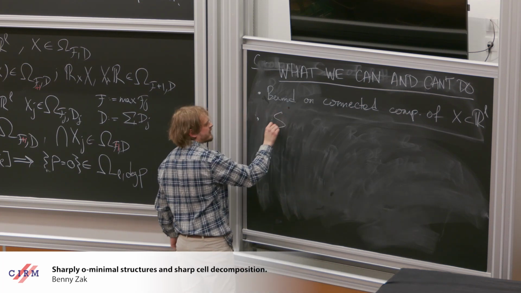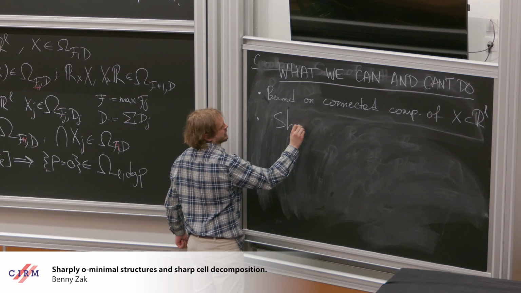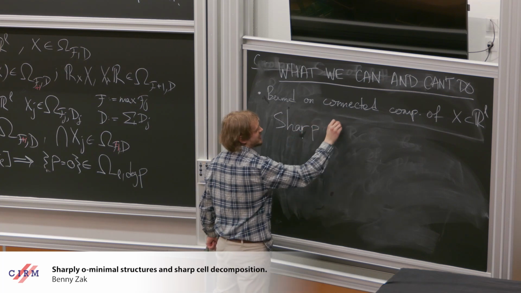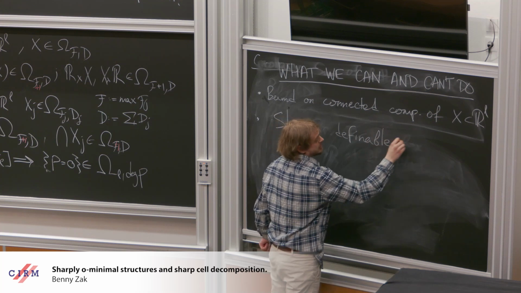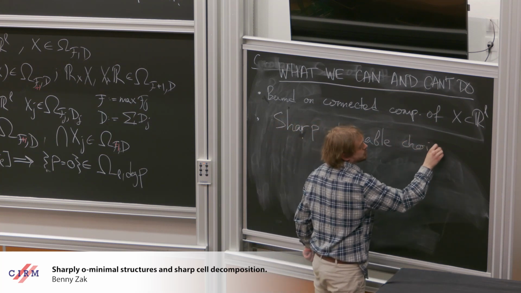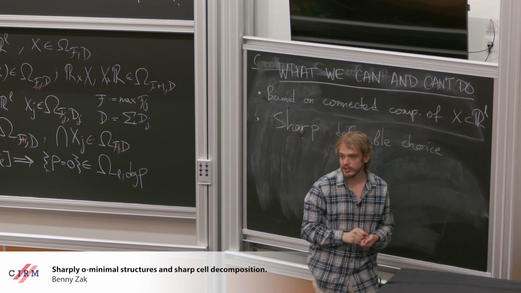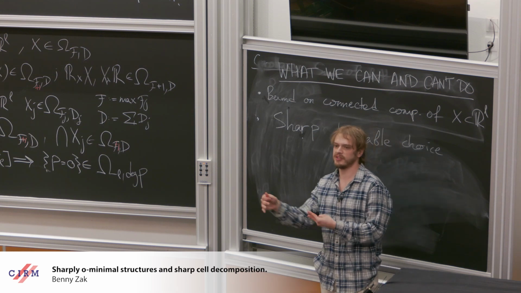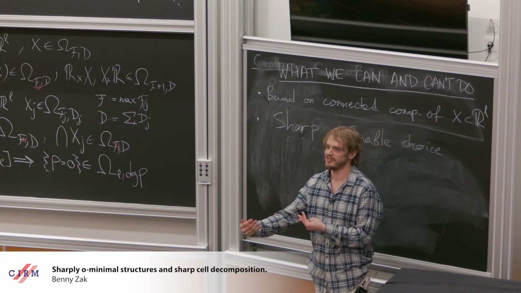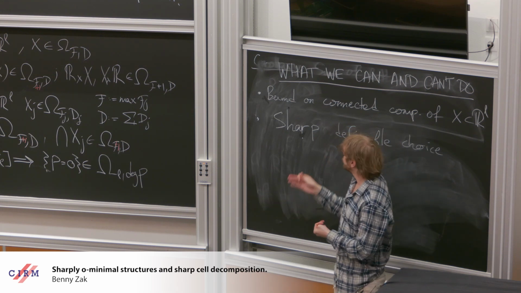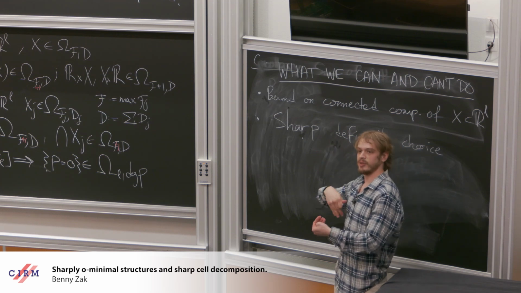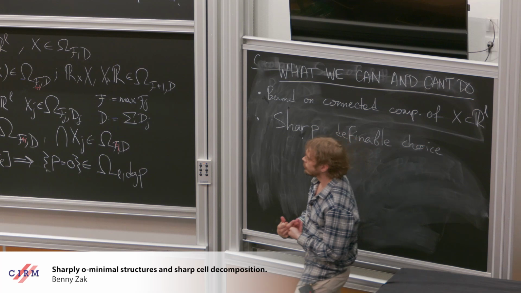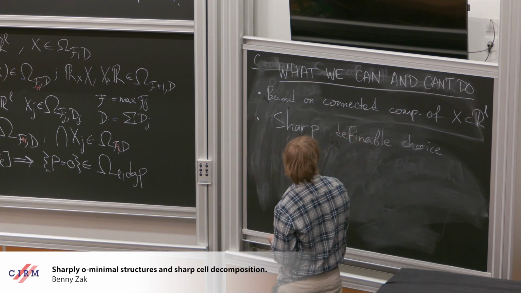But what is impressive is sharp definable choice. So you have some definable map. Definable choice says, in one of the possible formulations, that if you have a surjective definable map, then there exists a definable section. So this will be similar. You have a surjective definable map of format F and degree D. There will exist a definable section of format O(F) and degree poly(F, D).